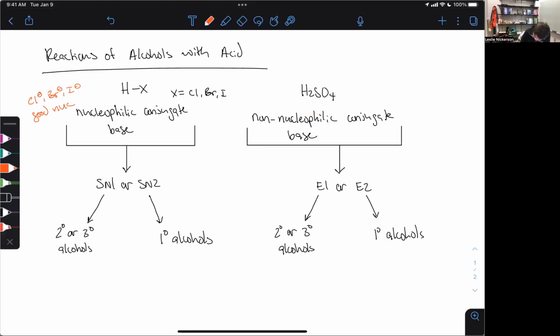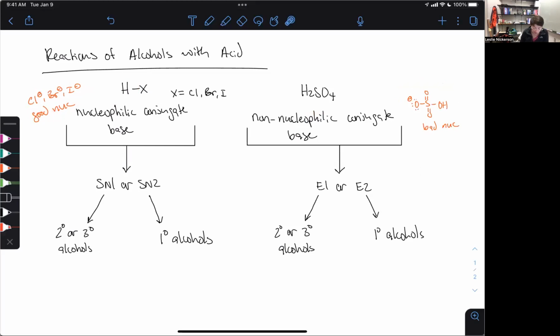So we can either have a situation where we're using an acid that has a nucleophile associated with it, or if we use something like sulfuric acid, let's make a little note over here: Cl minus, Br minus, I minus are all good nucleophiles. But over here, if we've got HSO4 minus, this is a bad nucleophile. So we're looking at either having good nucleophiles around after we do an acid-base reaction or having a bad nucleophile around.